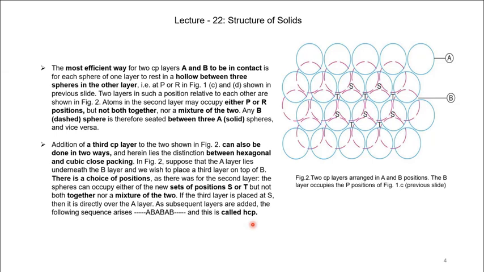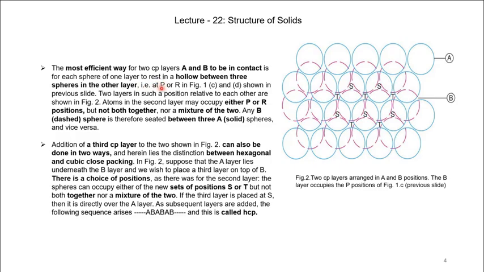If we remember, the most efficient way of close packing is for A and B to be in contact with each other, and then we have a hollow between 3 spheres in the other layer.